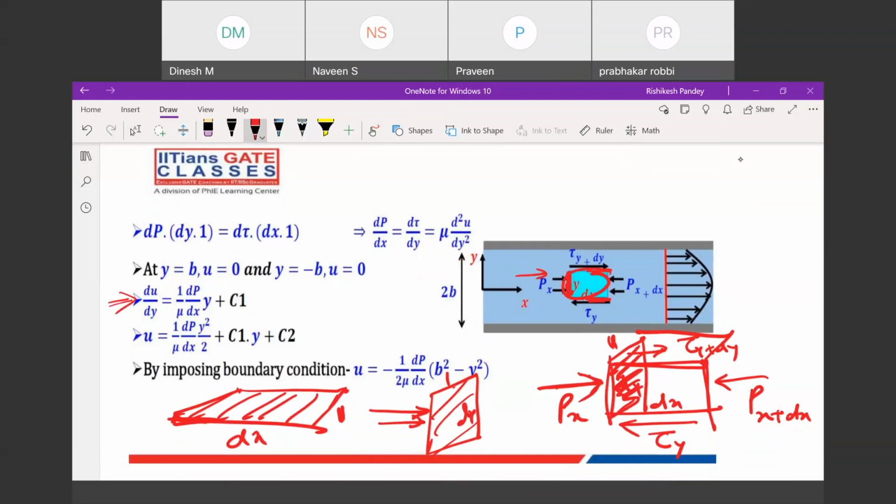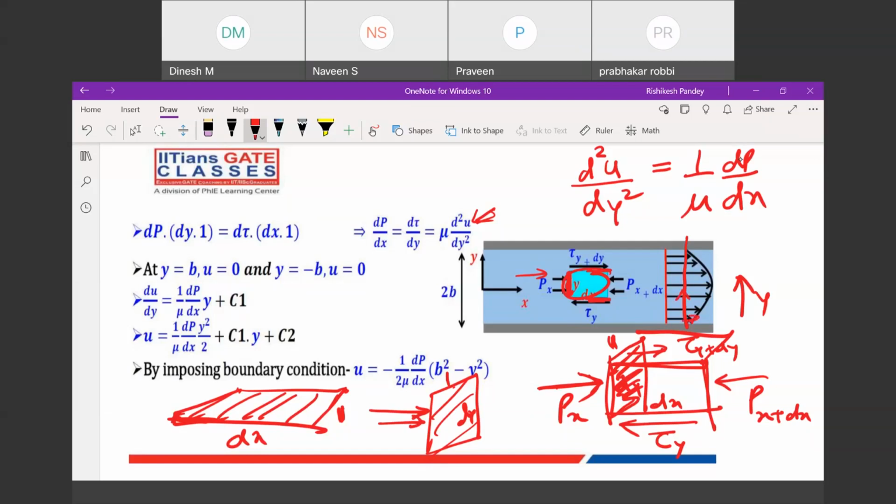Okay. This equation can be rearranged as d2u by dy square equals 1 by mu dp by dx, because we want to calculate the velocity variation in y direction. You see, this is the y direction, and we want to know the variation in this y direction.